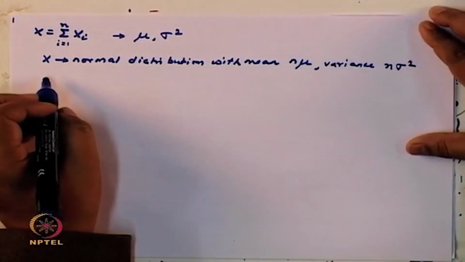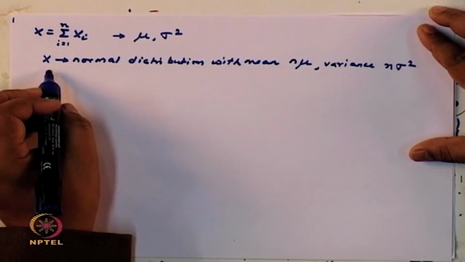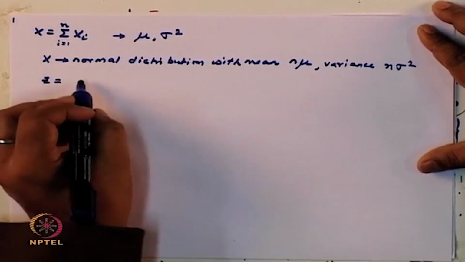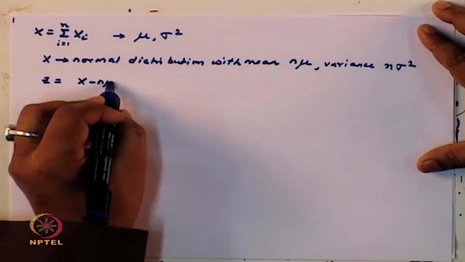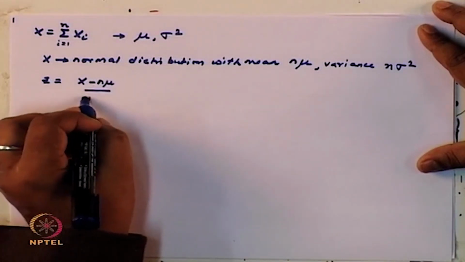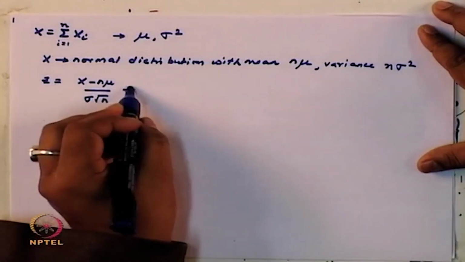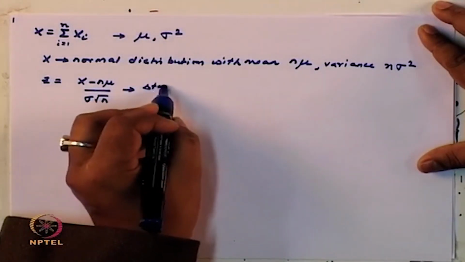We can also convert this normal variable by defining Z as (X minus n mu) by sigma root n. So Z gives us a standard normal variable.